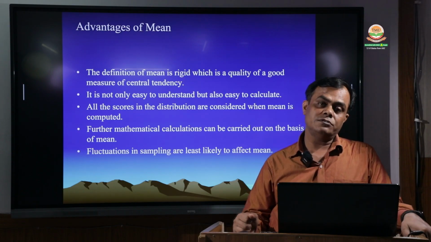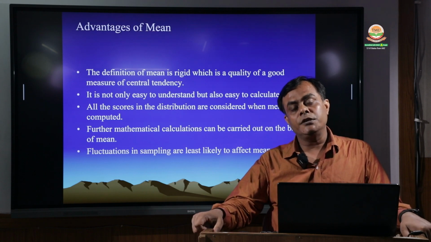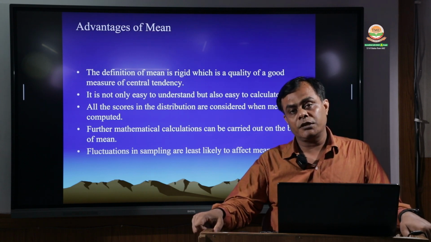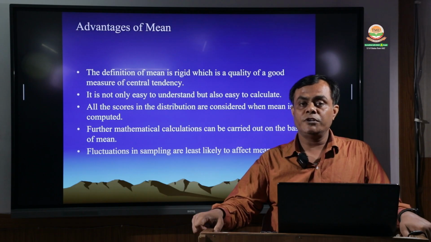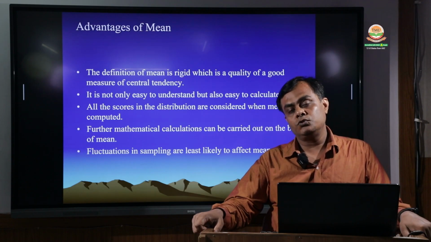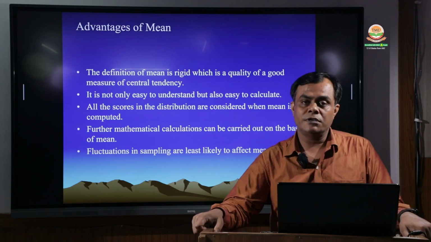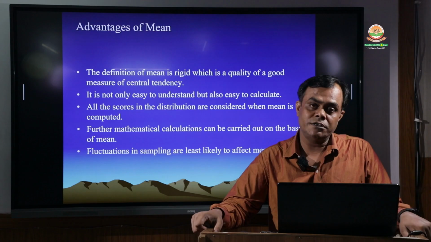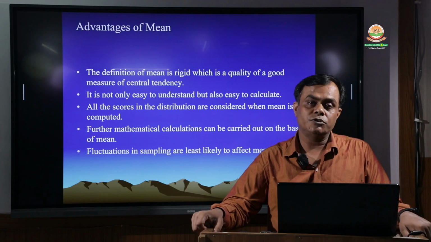Everyone can calculate the mean if they just know addition and division. With just a single value we can understand the characteristics of the whole population, so it is also easy to understand.